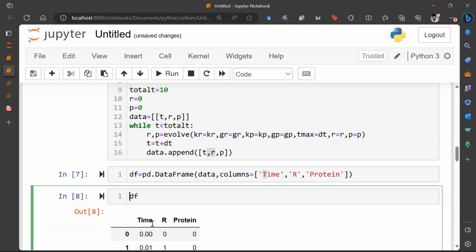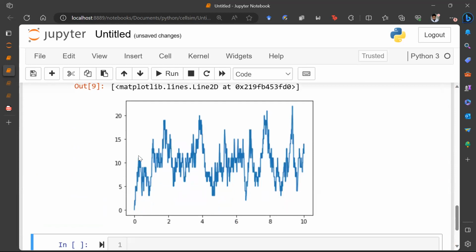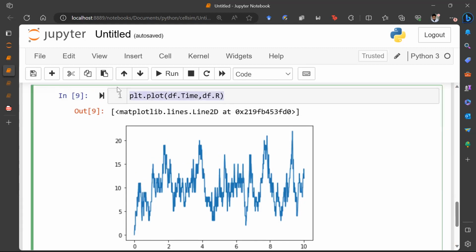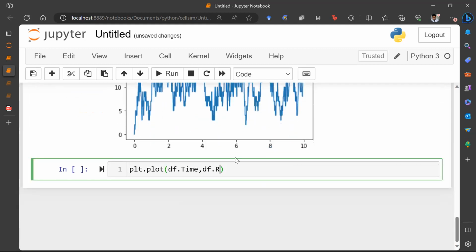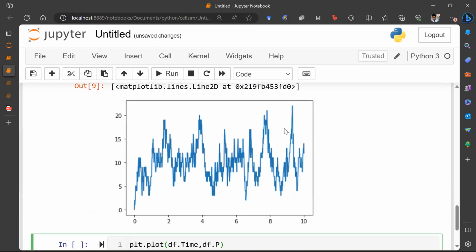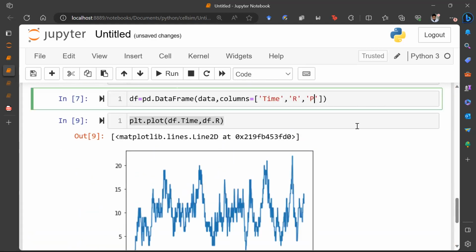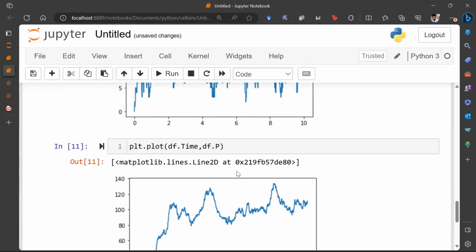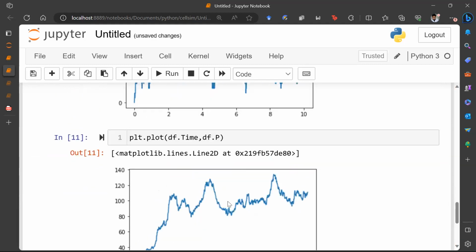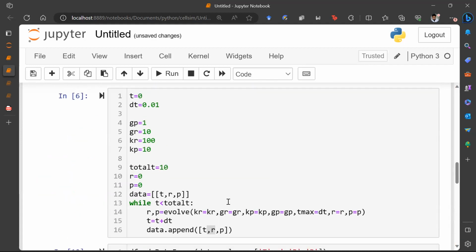Okay, so let me see. We can plot the RNA. So our RNA has a mean of 10 and the expected high fluctuation. Let's see what happened with the protein. Let's call it P. So here the mean is 100.